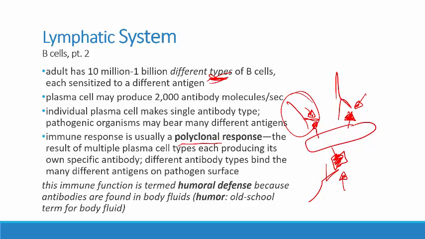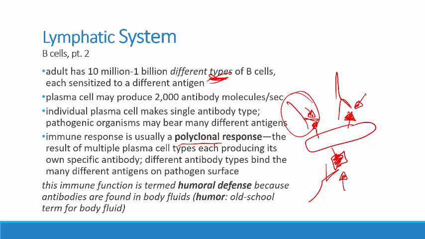So it's a polyclonal response, and we can really tack onto the membrane of the bacterium a bunch of different antibodies so that we get a great strong signal that, hey, this cell has been identified by the immune system as not belonging to the body.